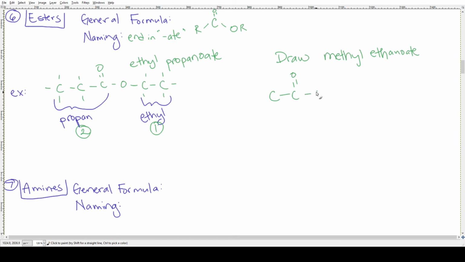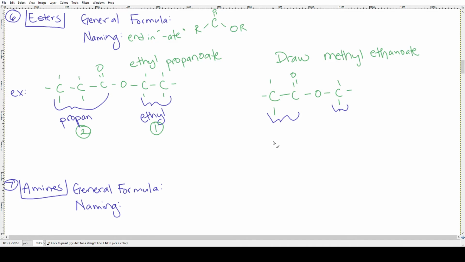I then have this oxygen that is stranded in the middle, and it needs to have a methyl group attached to it. So that's only one carbon. This is methyl because you have a single carbon, and here is the ethanoate section.